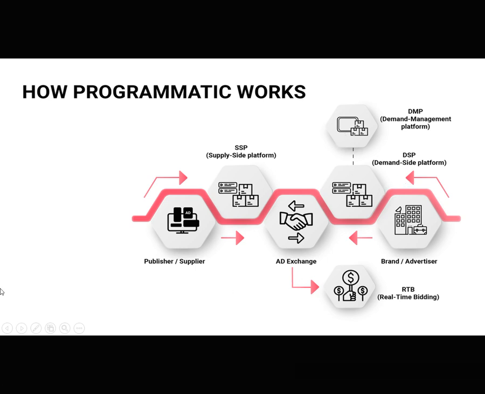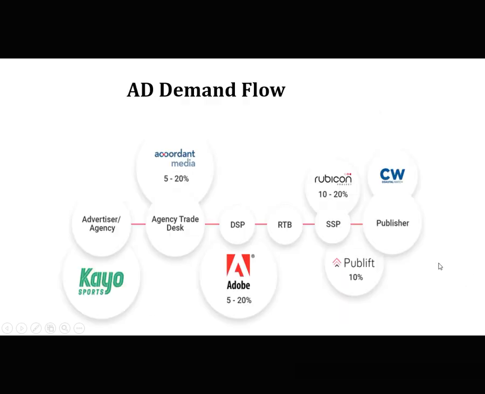Accordingly, the ads flow from the advertiser, DSP, DMPs, and real time bidding, to the ad exchange, then SSPs, and then the ad is served to the publisher's main portal. This is the ad demand flow.